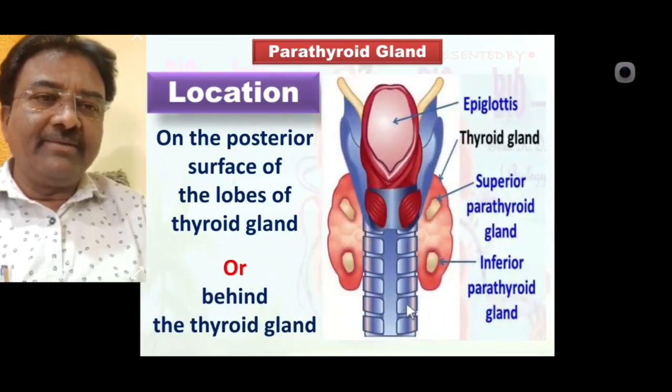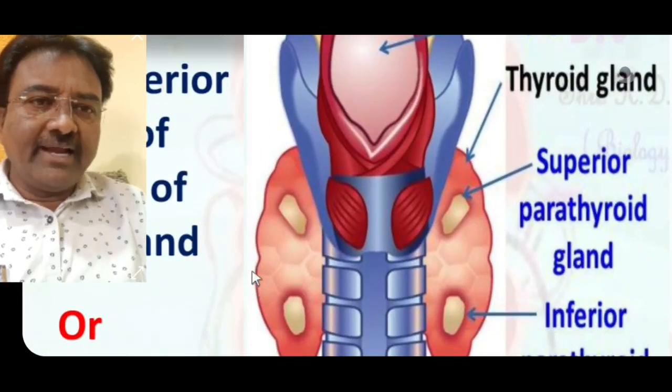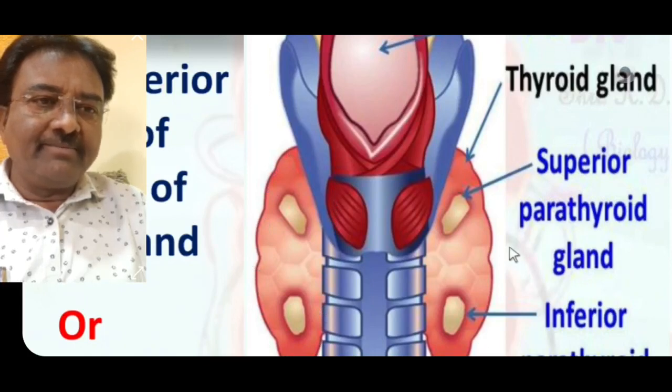See the diagrammatic representation. This is the thyroid gland, right lobe. This one is also the thyroid gland, left lobe.